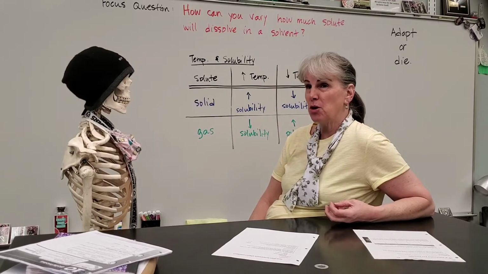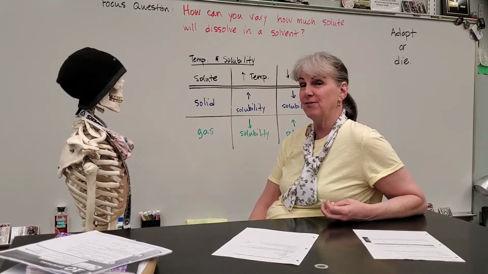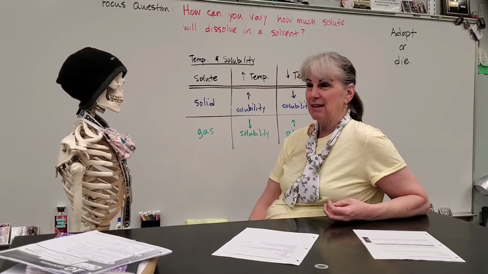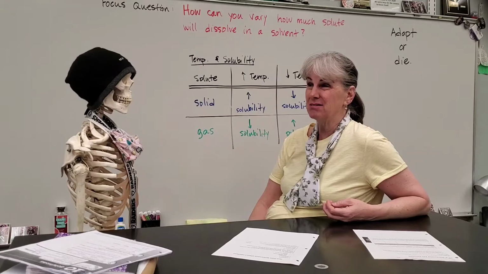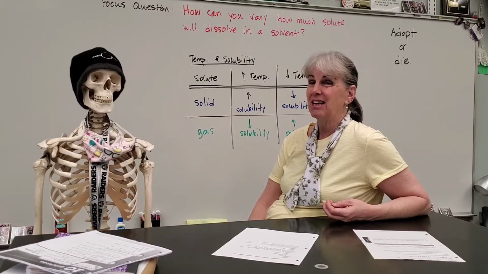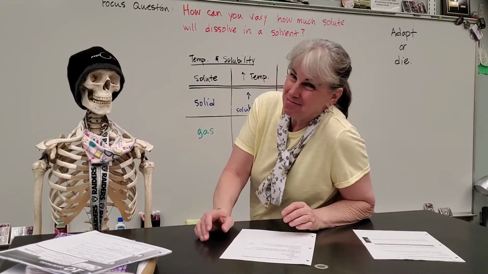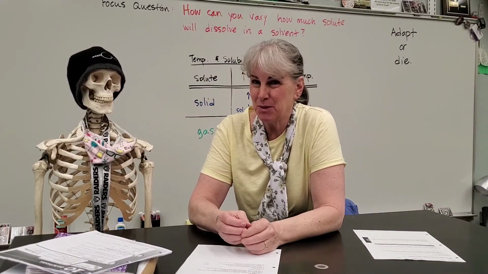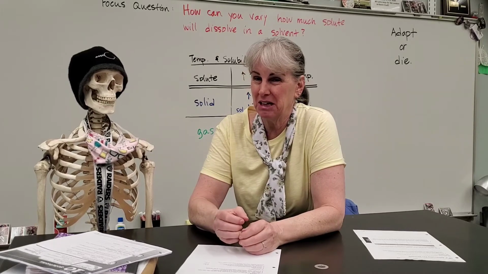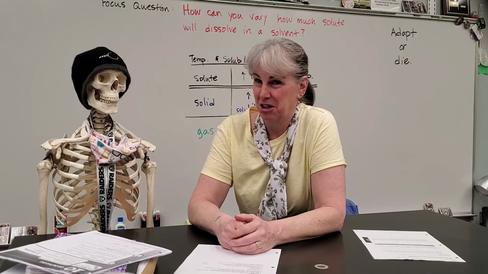So you want to keep your soda cold, but only if you like fizzy soda. If you don't like the fizz, then leave it out and it'll get warm and go flat. But that's kind of the point of soda, is to keep it fizzy. That's why they put the fizz in it in the first place, because otherwise you're just drinking sugar syrup, like sugar water, like we made yesterday.